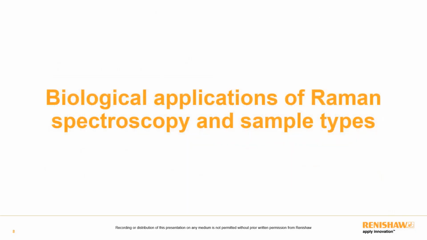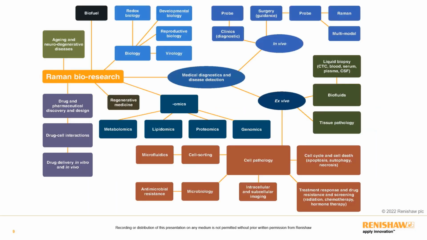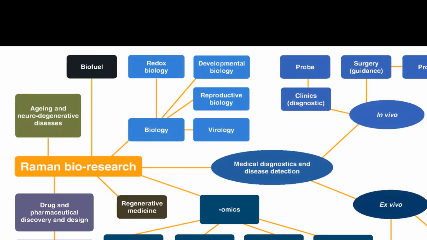So let's look a little bit more closely at the different types of biological applications of Raman and different sample types that can be analysed. The applications of Raman in biology are extremely widespread, as you can see from this flowchart. Each of these different branches represents a different application of Raman in biology. For example, Raman can be applied to reproductive biology or virology.